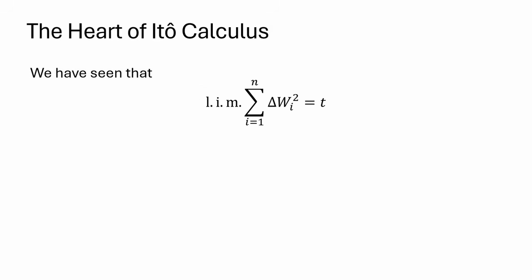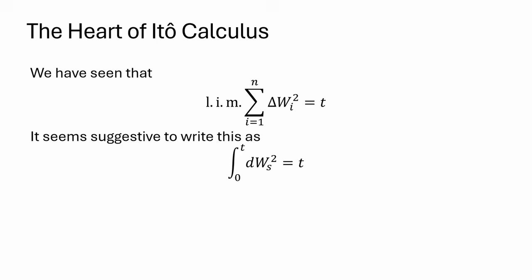And finally, with all that preparation, we're now getting into the heart of Ito calculus. We just showed that the second order sum of the Brownian increment converges to t in the mean square sense. So it seems suggestive to write this as the integral of dW_s squared from 0 to t equals t.